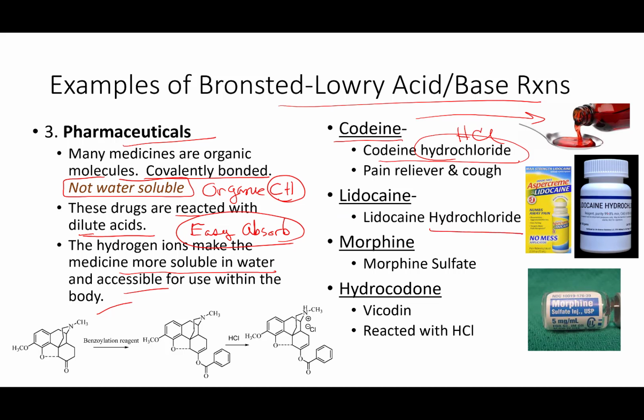That hydrochloride is there again so it can be absorbed by the human body. Morphine is morphine sulfate. It is not a hydrochloride, but it is made into a chemical salt. Salt is easy for the body to dissolve and absorb. Hydrocodone, also known as Vicodin, is reacted with hydrochloride, making it, again, easy for the body to absorb.